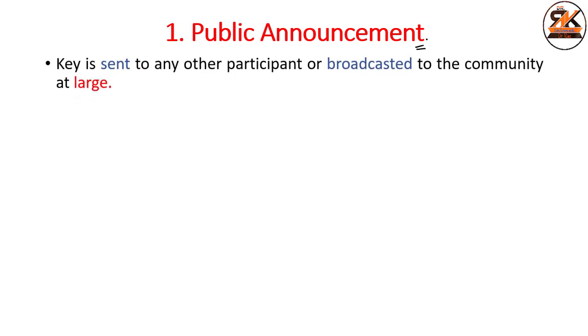The first technique is public announcement. When we have to distribute the public key of a user, this is the first technique that we can use. Here the key is broadcast to other participants or the community at large.